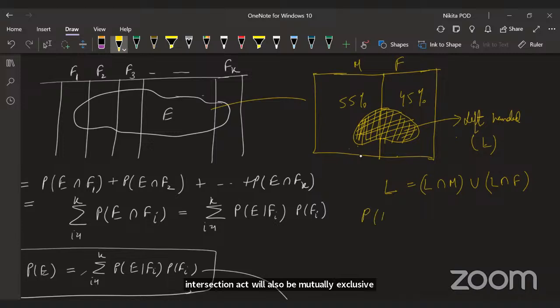So in that case, I can write probability of L as probability of L intersection with M plus probability of L intersection with F, right?